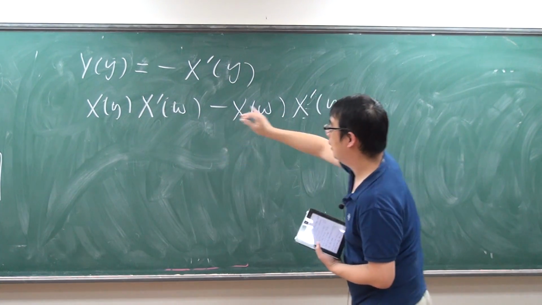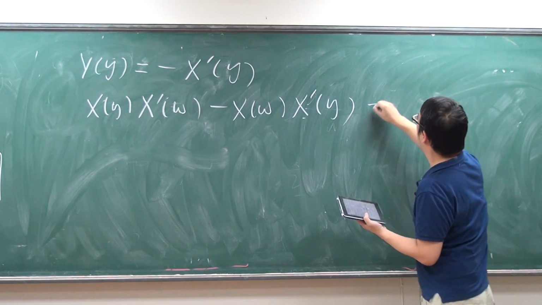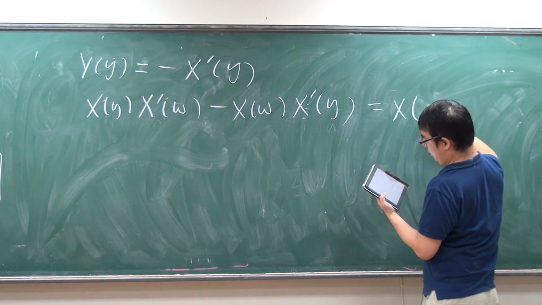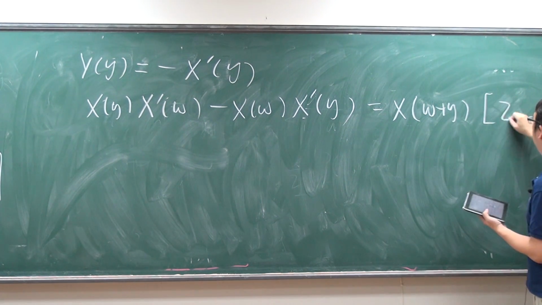So we will multiply them together, but with two different arguments. We will obey the following equation.